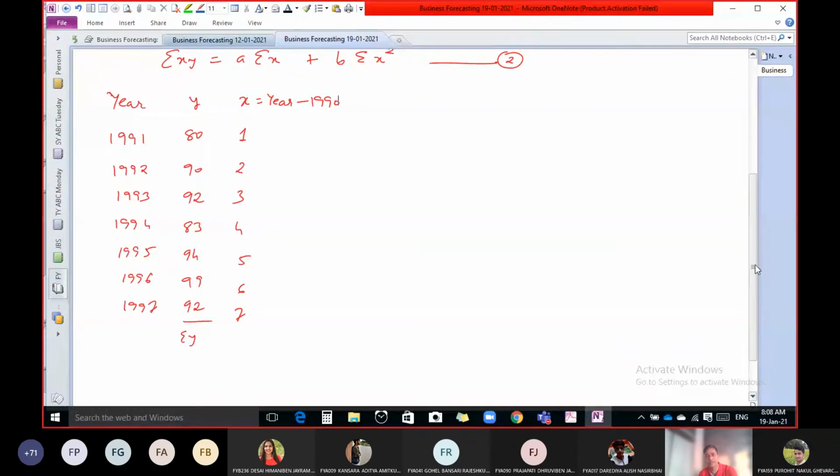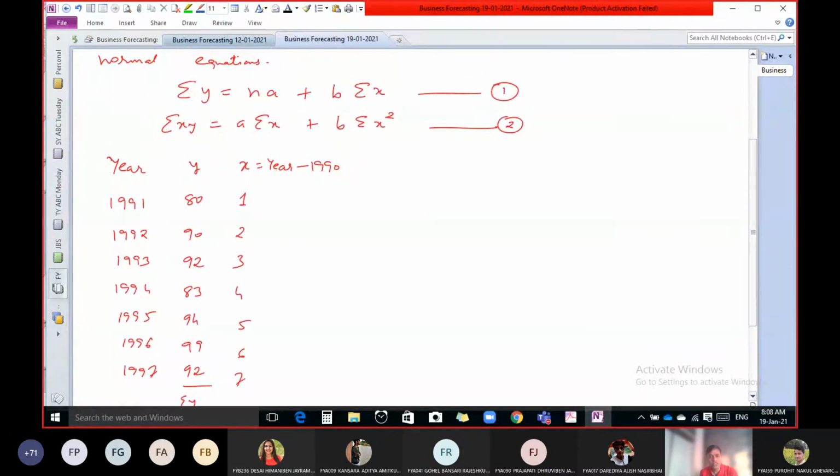But listen, here also, instead of taking x equal to year minus 1990, if we take a different value in such a way that the total of x becomes 0, once we get sigma x equal to 0, what will happen?